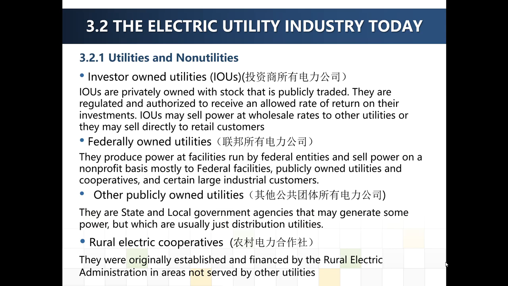Other publicly owned utilities are state or local government agencies that may generate some power, but which are usually just distribution utilities. Rural electric cooperatives were organized and financed by the Rural Electrification Administration in areas that are not served by other utilities.